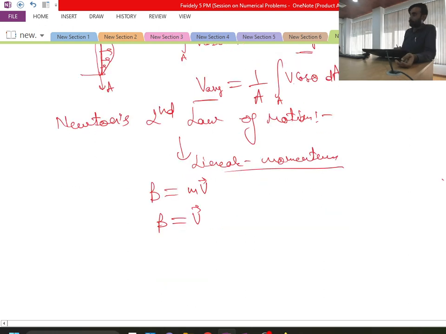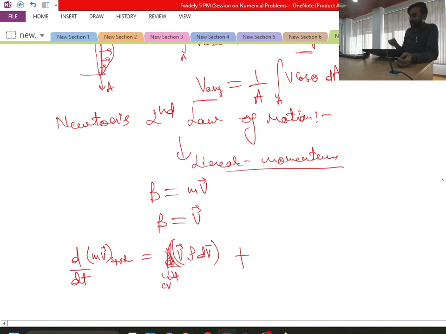Can you apply Reynolds transport theorem now? So I can say that d by dt of m into v vector for the system will be equal to the integral over the control volume, where beta means v vector, times rho dV, del by del t, plus what will I get? The integral over the control surface.